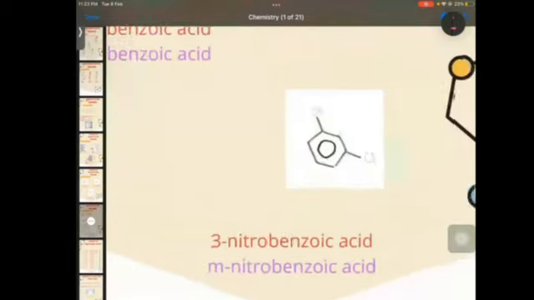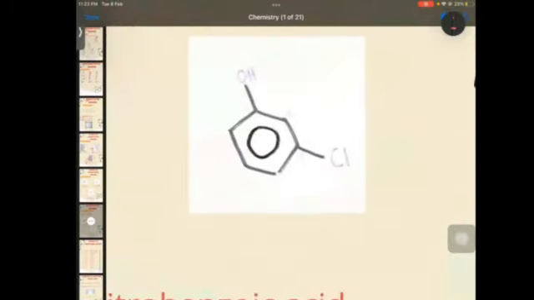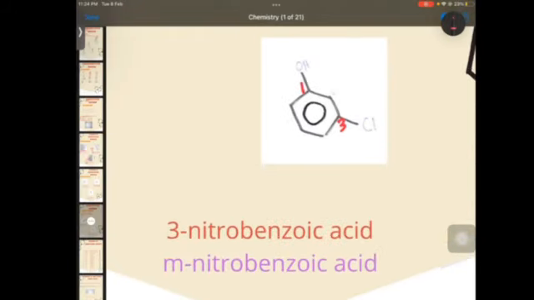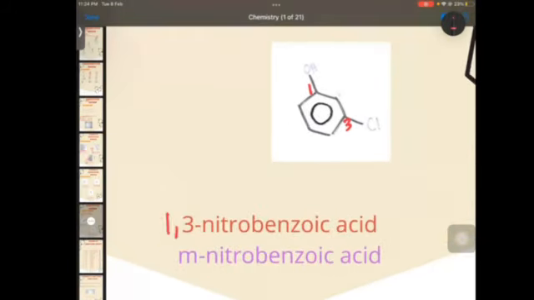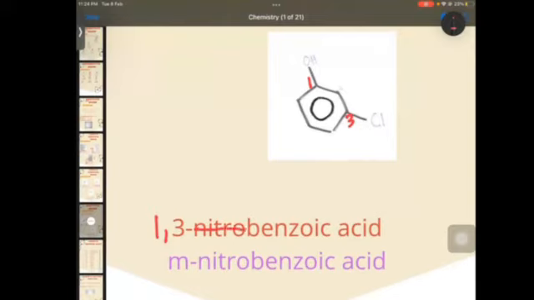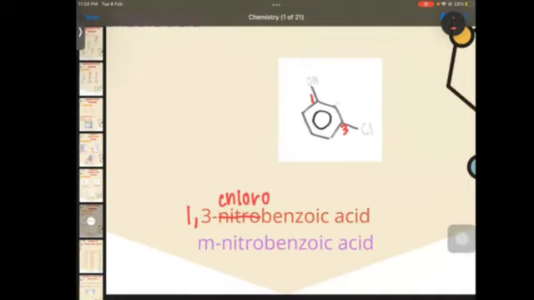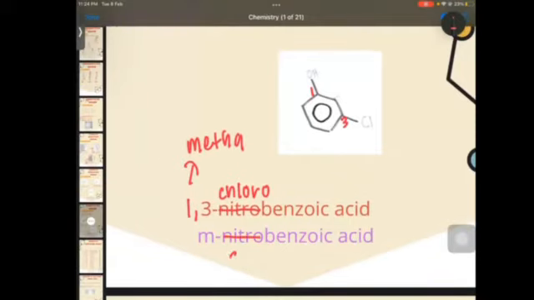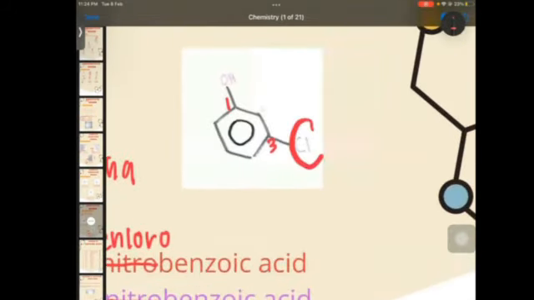And the second example is, in carbon number 1, it has OH, and in carbon number 3, it has Cl. So, it will be, a typo here, it will be chlorobenzoic acid, and 1,3 is meta, and the symbol for meta is M. So, it will be m-chlorobenzoic acid.